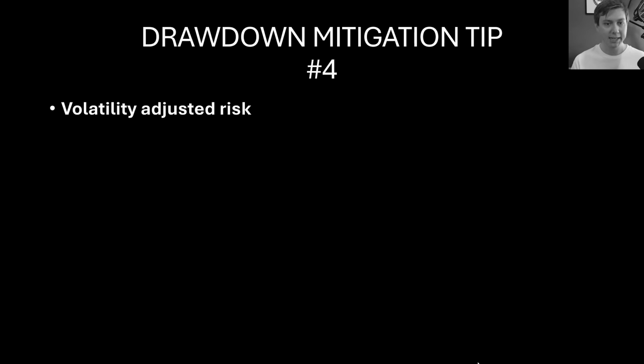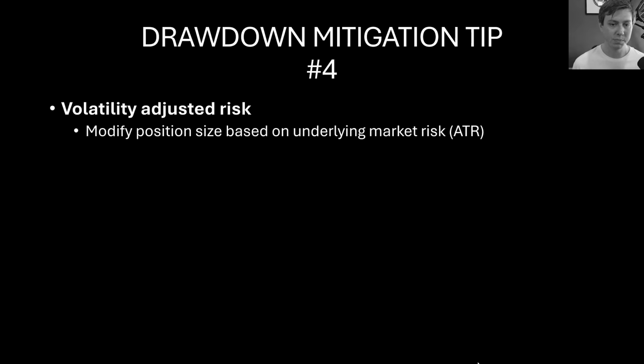The next one is volatility adjusted risk. So this is modifying your position size based on the underlying market risk, or volatility, it should say. So a good way to do that is employing the ATR into your position sizing algorithms. So you want to have a smaller position if the asset you're trading is highly volatile, and you want to have a larger position if it's not highly volatile.